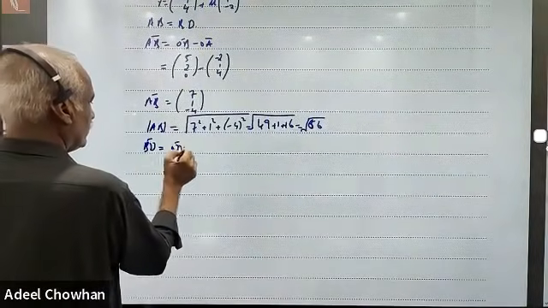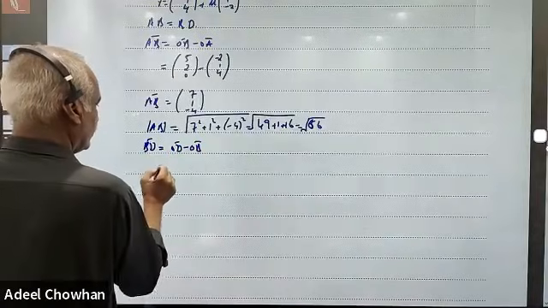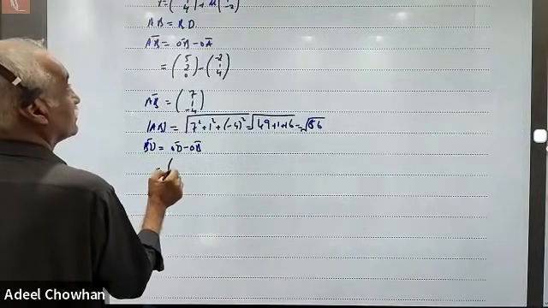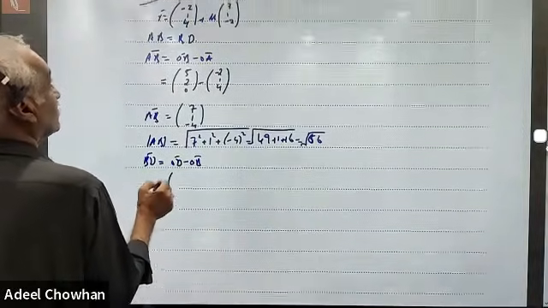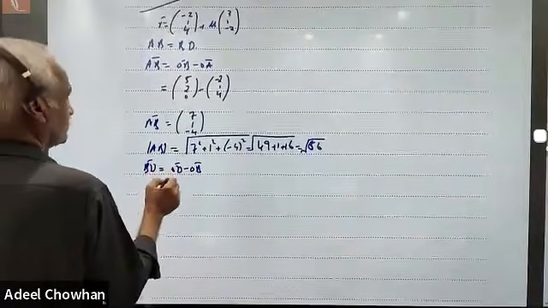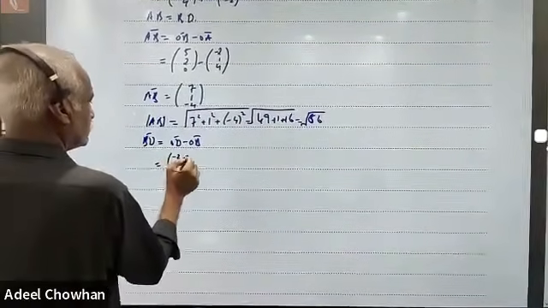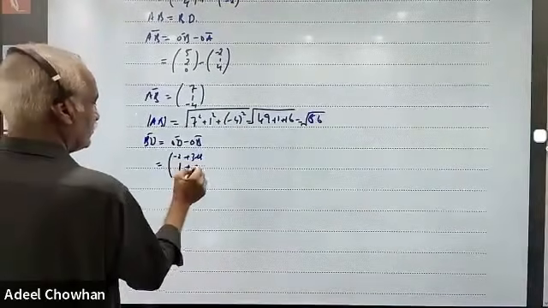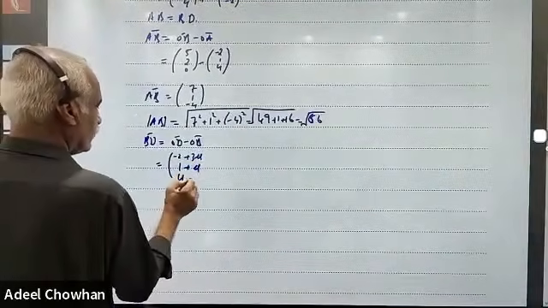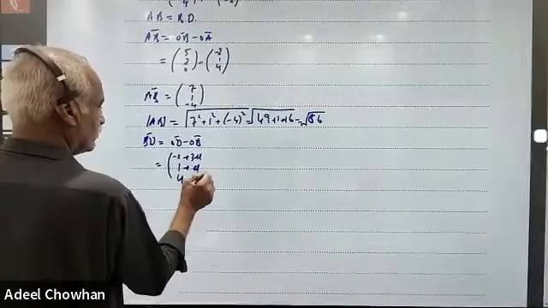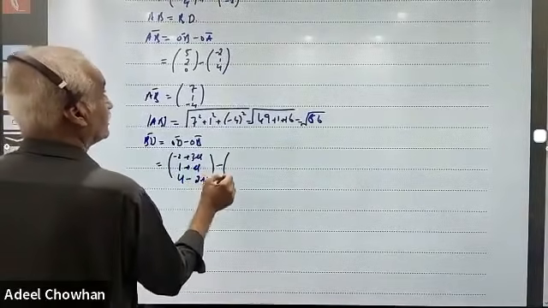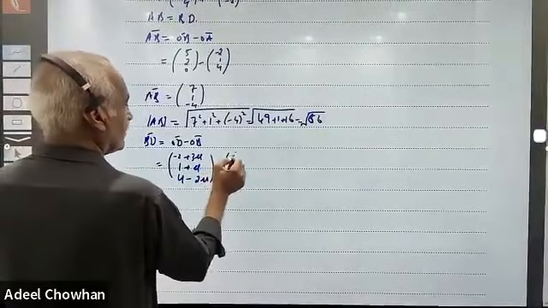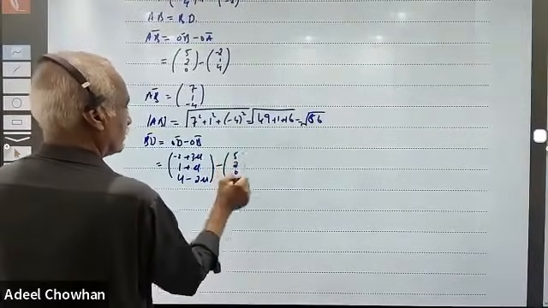Then BD is equal to OD minus OB. OD is basically equal to minus 2 plus 3 mu, 1 plus mu, 4 minus 2 mu, minus OB, which is 5, 2, 0.